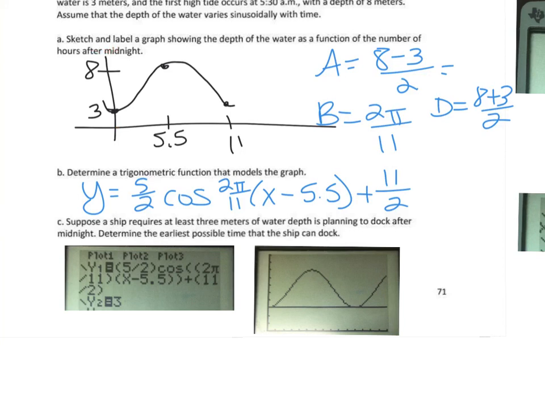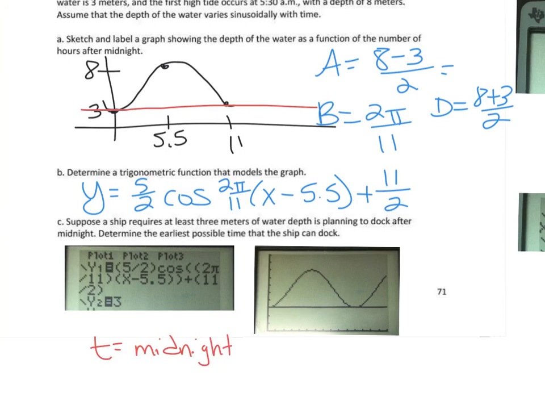So because the minimum is 3, I could technically draw that on this graph. And we want to know the times after midnight the ship can dock. Well, it technically could dock at midnight, because that is when the water is exactly at 3.